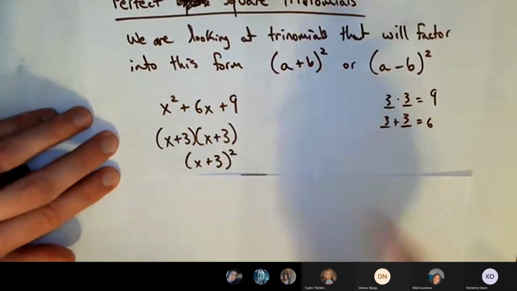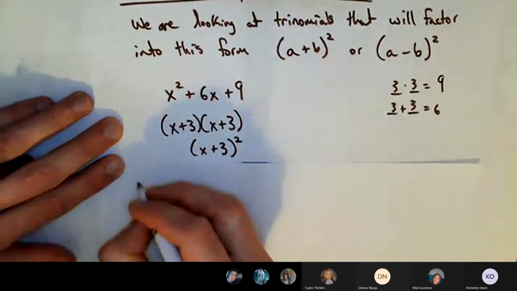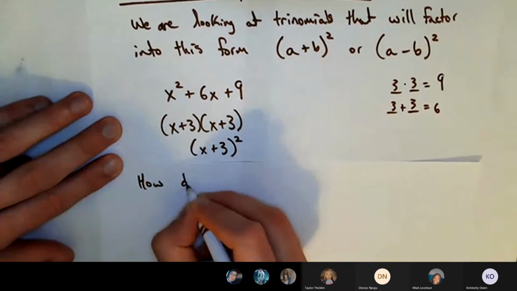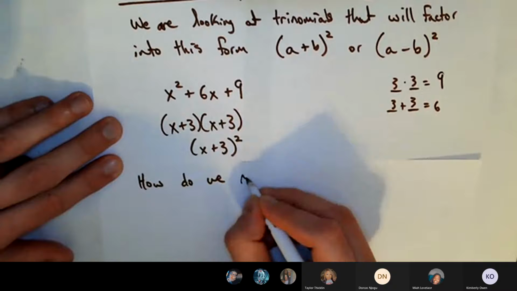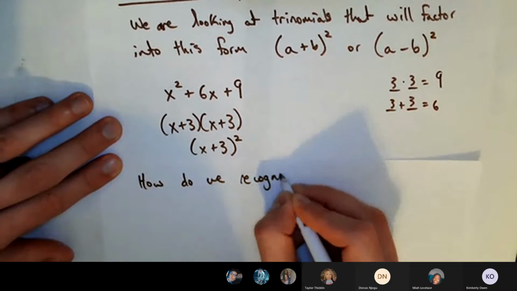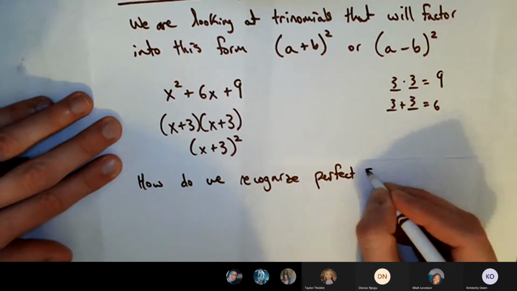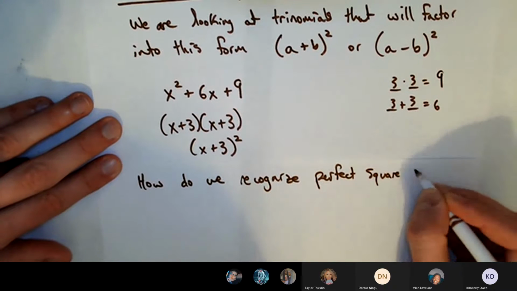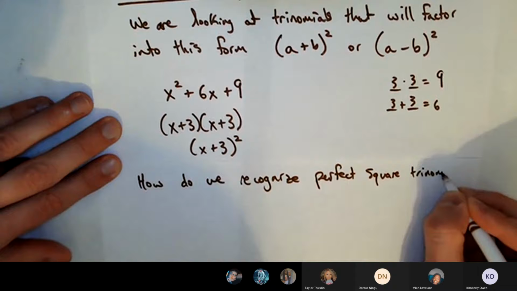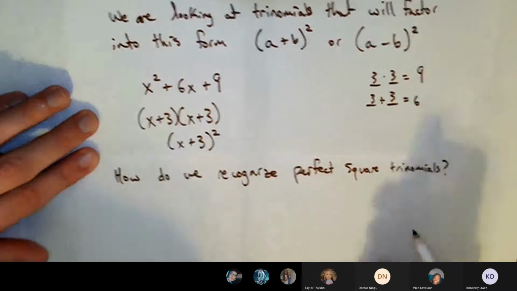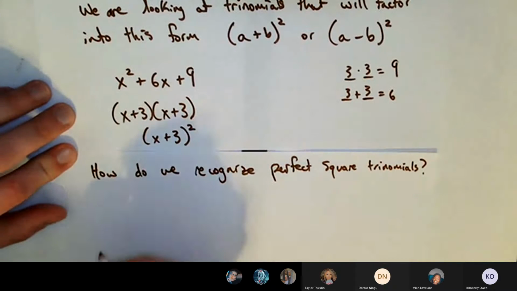How do we recognize perfect square trinomials?